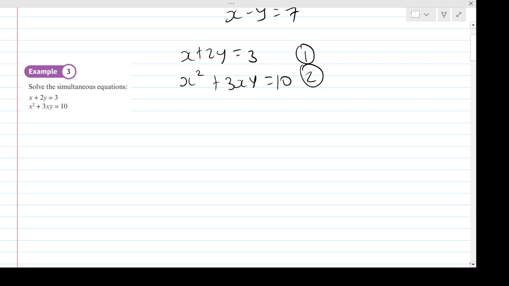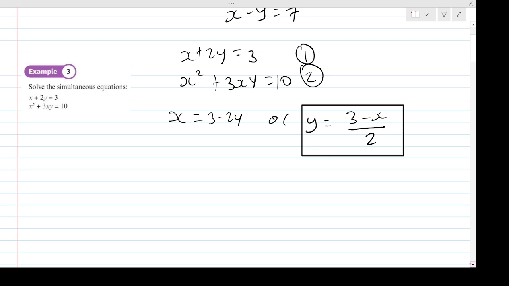We could pick either x or y. So we could say x is 3 minus 2y, or y is (3 minus x) over 2. Actually, you could do either, but I think this is the best thing to substitute in because there's only one y term.